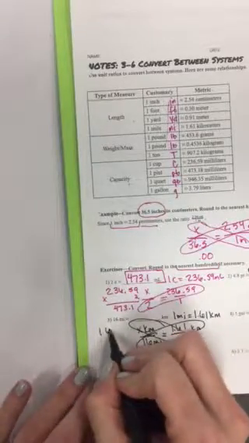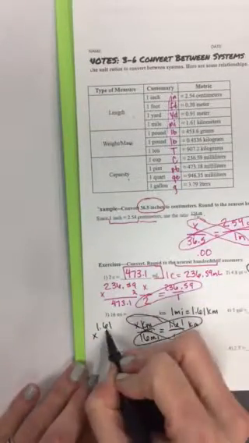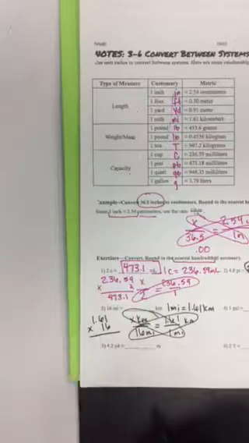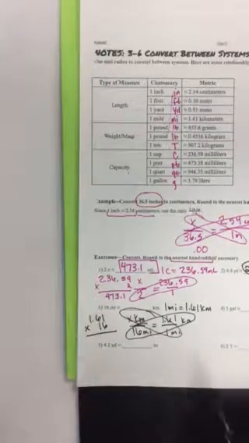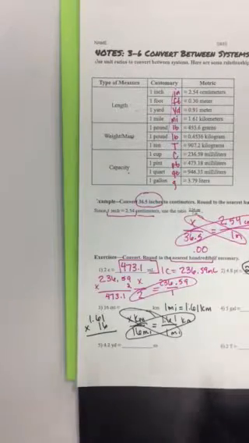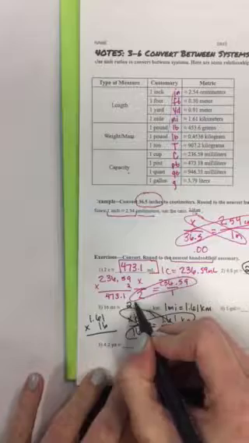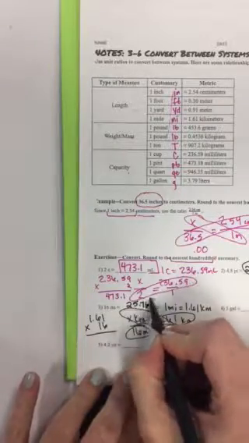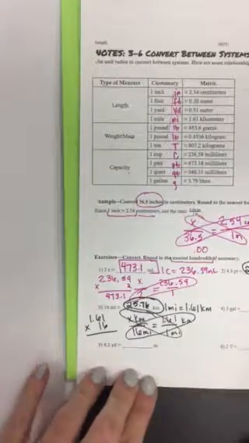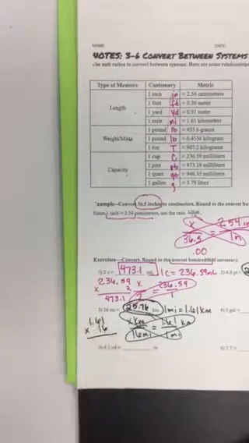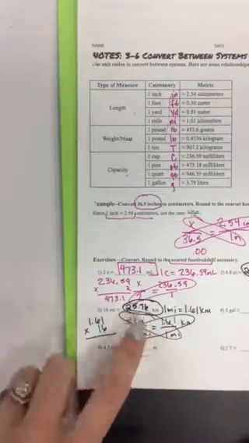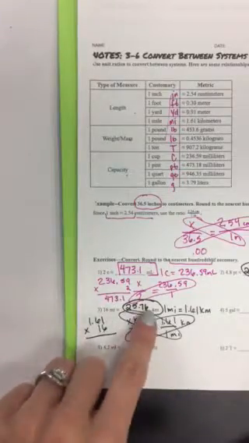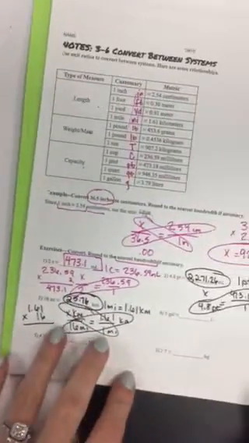So 1.61 times 16. You can work that out on your paper or on the tables with a whiteboard marker. And you should get 25.76 kilometers. So when I'm giving you a chance to work these out on your table or on your paper, if you don't get this number, go back and see what happened. Check your numbers and see where you messed up.